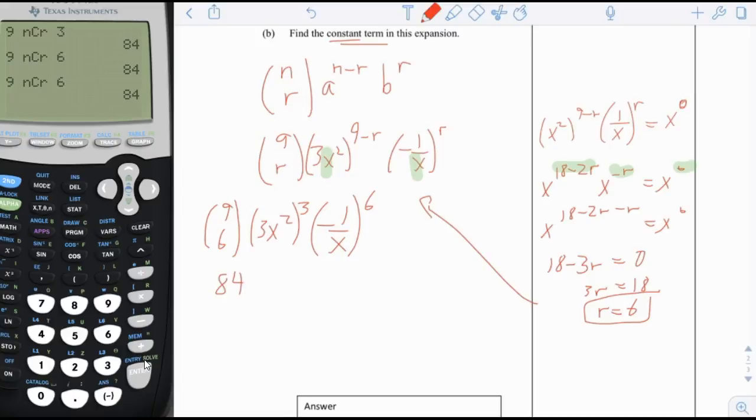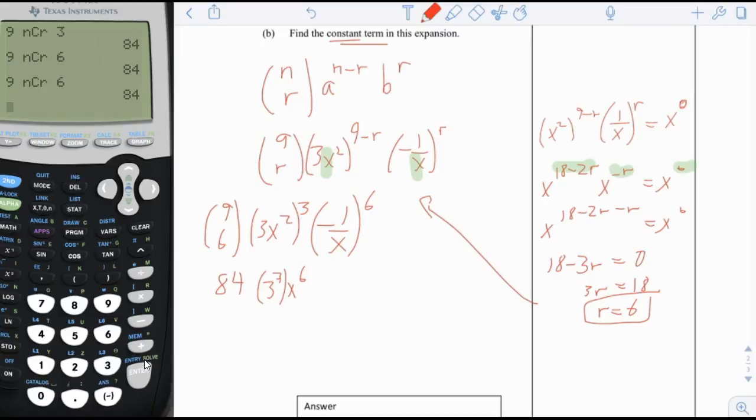And remember, 3x squared quantity cubed is actually 3 cubed, and then x to the 6th, right? And then negative 1 over x to the 6th. The negative, when taken to the 6th power, becomes a positive. 1 to the 6th power is also just 1.